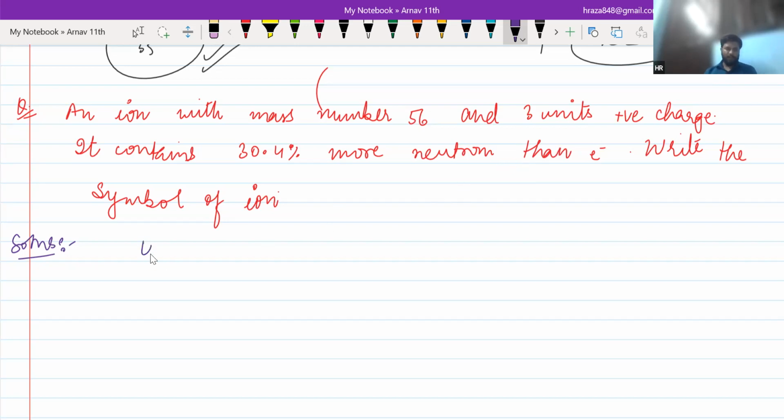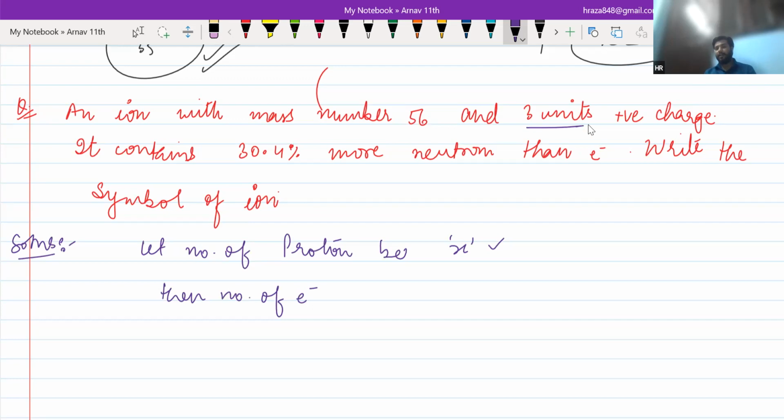So I'm going to let the number of protons be x. If the number of protons is x, then the number of electrons in a neutral atom should be x. But here it is an ion which has 3 positive charge. That's why the number of electrons will be decreased and it will be x minus 3. Is that clear?